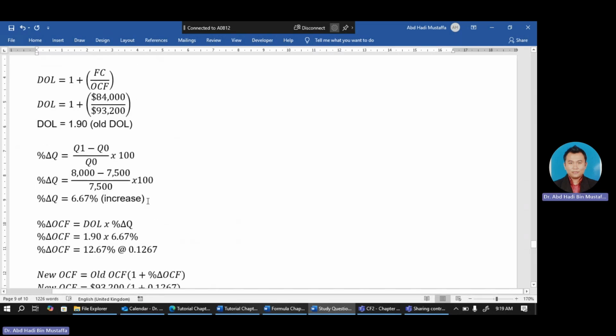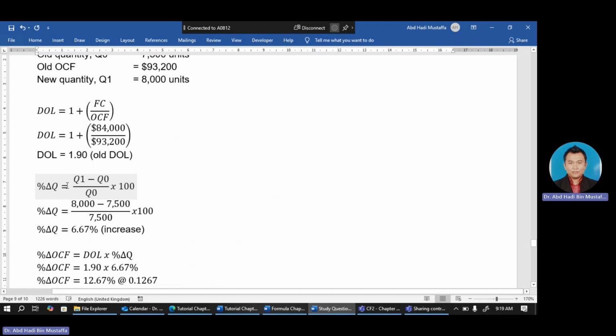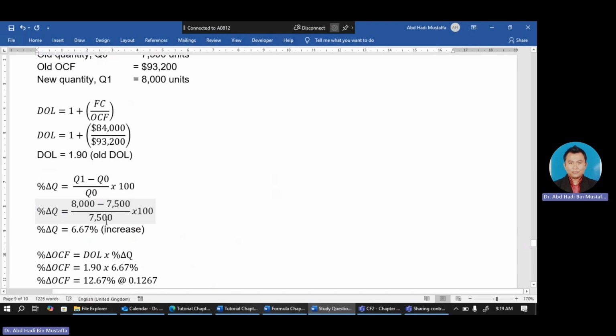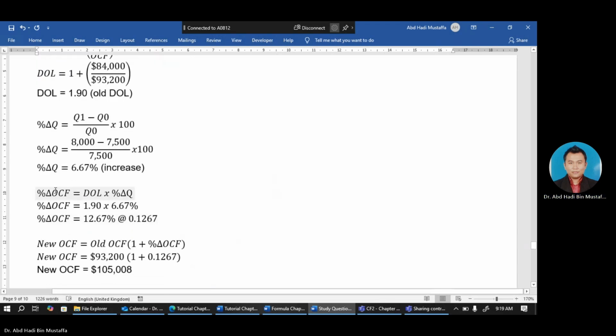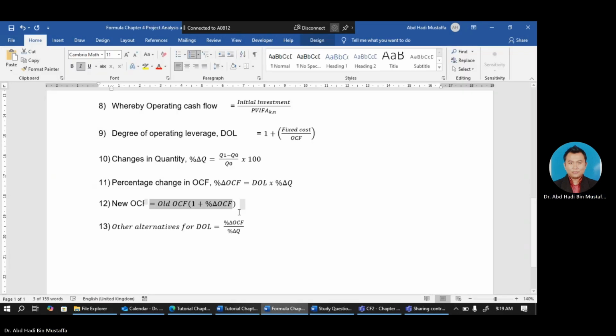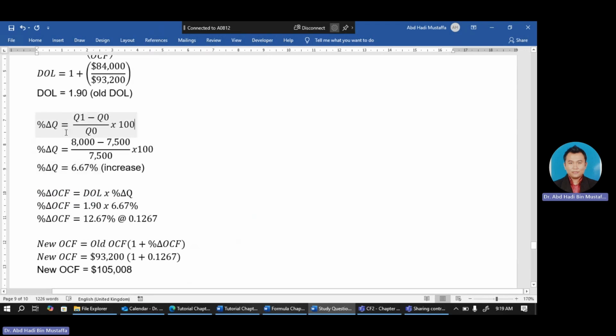And then after that, step dia adalah kena kira percentage change of quantity, iaitu Q1 tolak Q0 divided by Q0 multiply by 100. 8,000 minus 7,500 divided by 7,500, kita expect the quantity increase. Kemudian guna formula nombor 11.